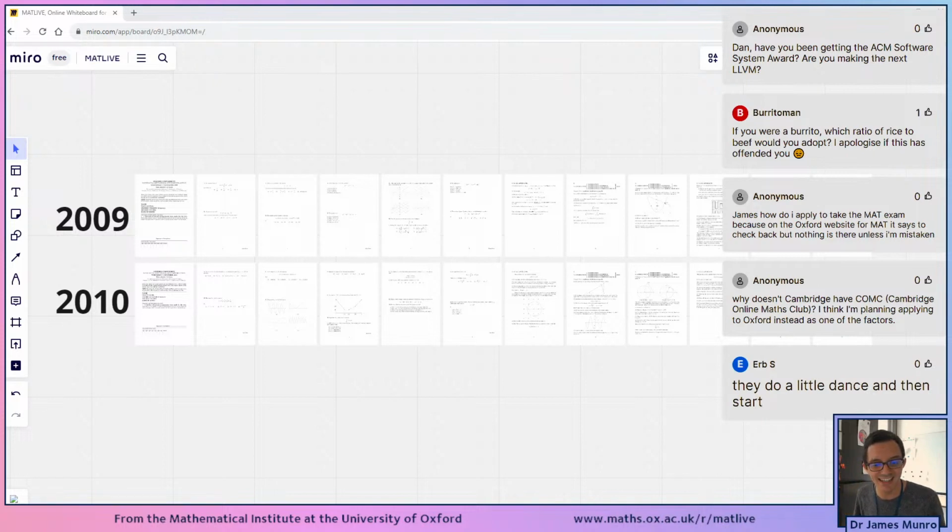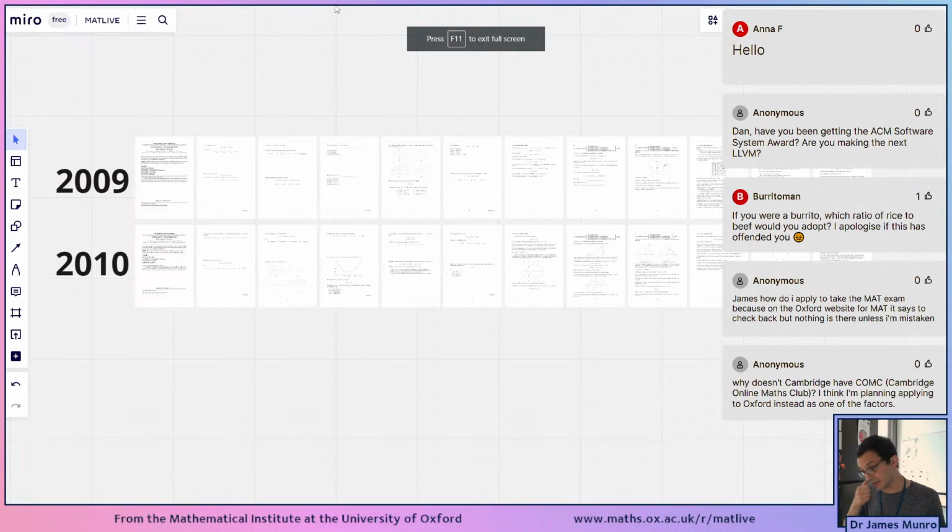On that topic, how do I apply to take the MAT? Says someone in chat, which is a much more serious question. On the Oxford website for the MAT, it says to check back. So you can't apply yet, but your test centre, or your school or college, or wherever you're planning to take the MAT, can currently register as a place that does the MAT. So you don't currently do a thing, they currently do a thing.